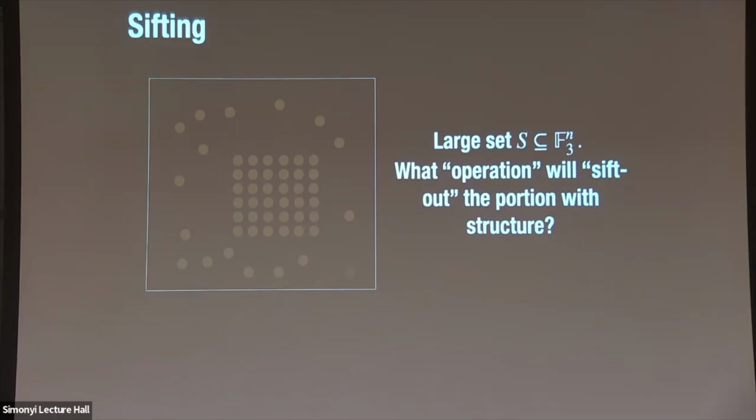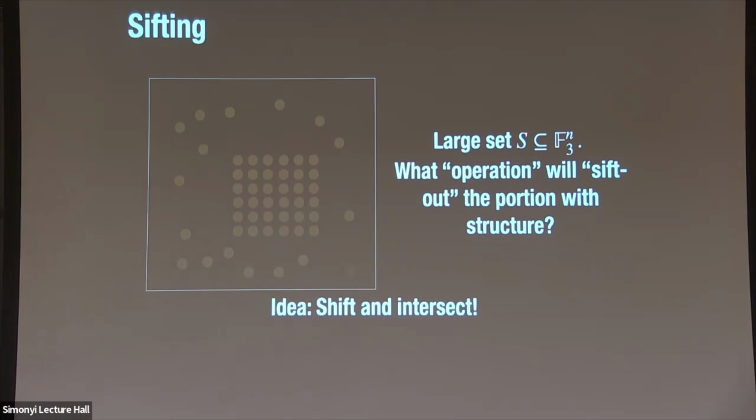So the idea that we use, and it is also used in some other works before, but in a different context, is to look at shifts of your set and intersect them with this set. The intuition is that you're looking for something like a subspace hidden inside. A subspace, if I shift it by something within the subspace, stays the same.